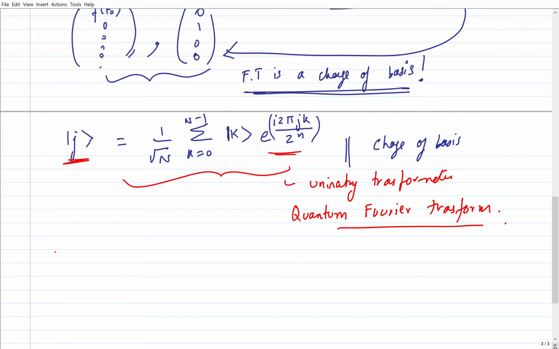So I can tell you the homework problem: show that the above transformation is a unitary operator.